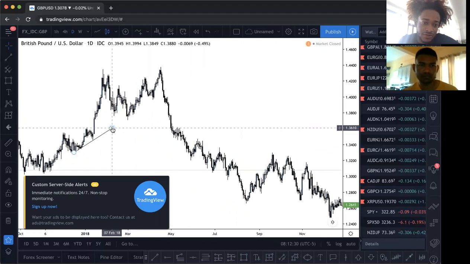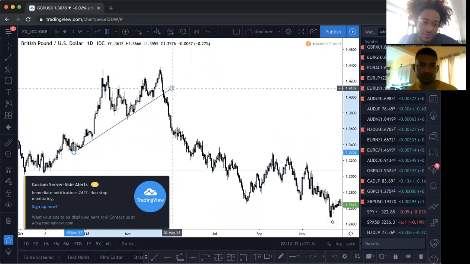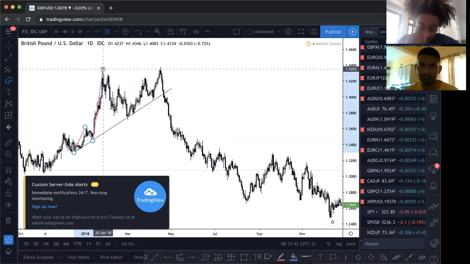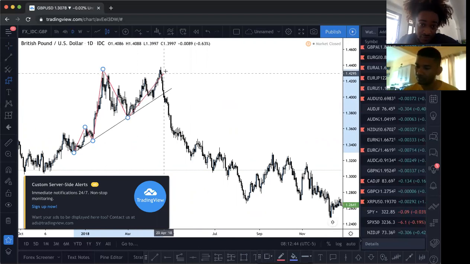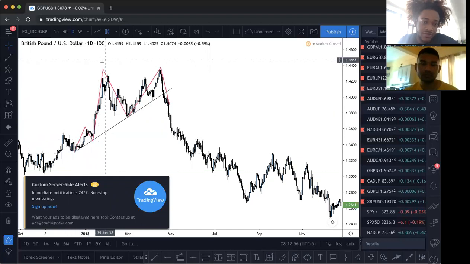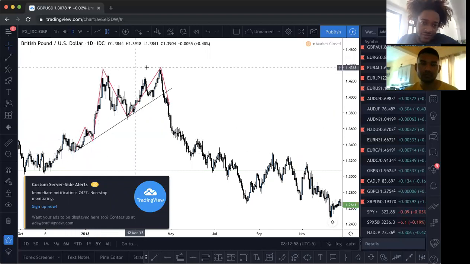So for this one here, the trend line broke here, because this was the last new valley and peak. So this was a low, this was a high, this was a low, and they did make a high.